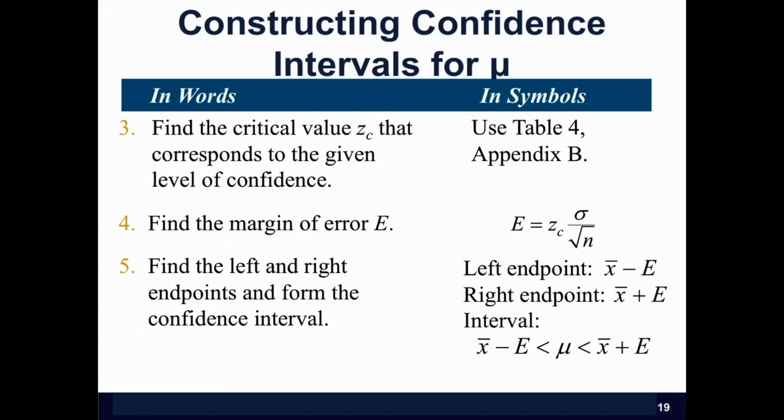Once we have the critical values, then we can calculate the margin of error by multiplying the critical values times the standard error of the mean. Then, to find the left endpoint, we subtract the margin of error from the point estimate. And to find the right endpoint, we add the margin of error to the point estimate. We know that the population mean is going to be between these two values with C level of confidence, assuming that this process is conducted a large number of times.